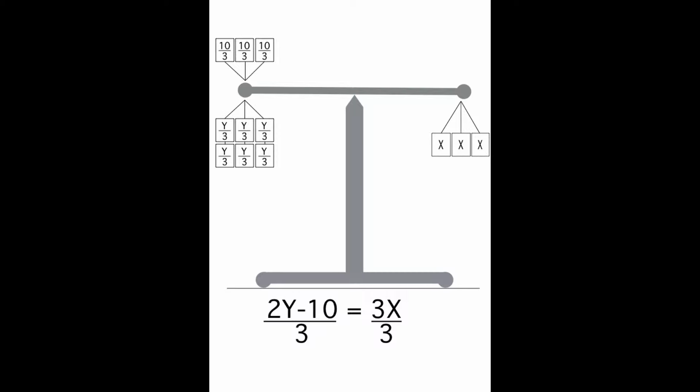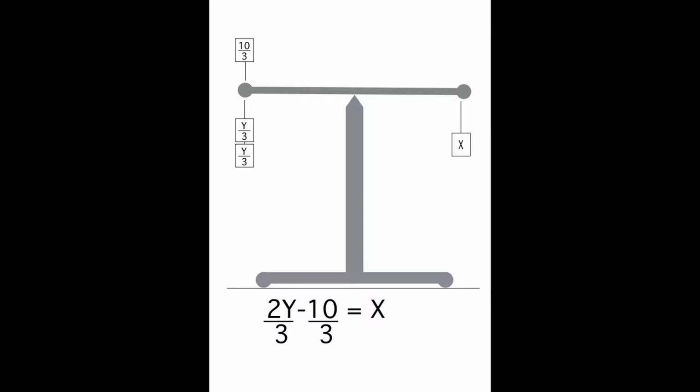So now on the left-hand side I've got the 2y's and minus the 10, but I'm dividing them into 3 equal sections. And on the right-hand side I've got 3 x's also divided into 3 equal sections. So I can simplify this a bit further. And now I've got 2y divided by 3 minus 10 divided by 3.